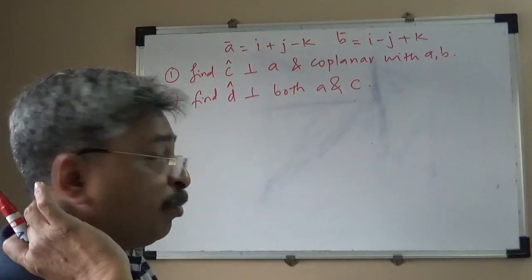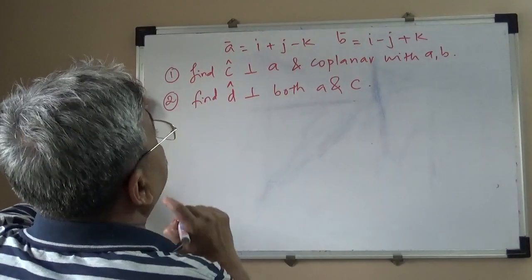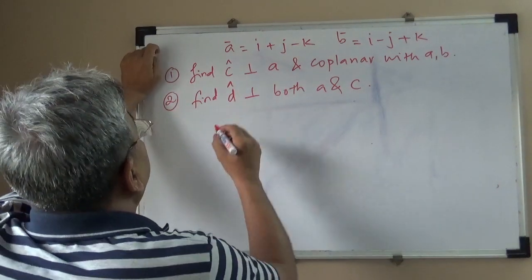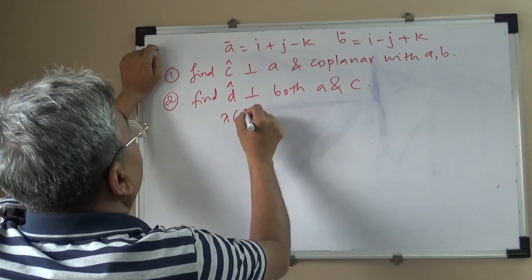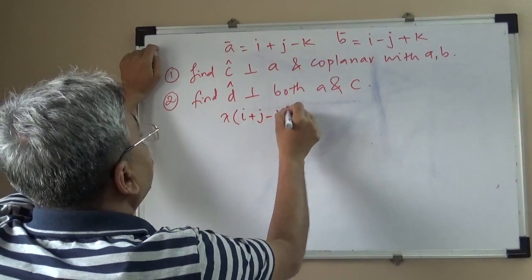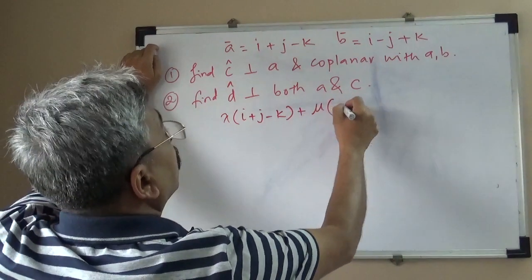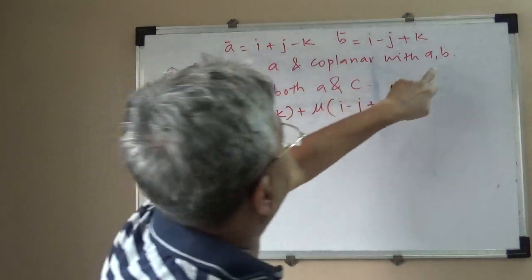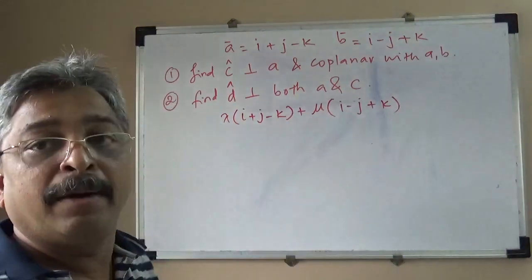Any vector which is coplanar with A and B is going to be a linear combination of A and B. So you can take lambda times (i plus j minus k) plus mu times (i minus j plus k) as the vector which is coplanar with A and B, for some values of lambda and mu.